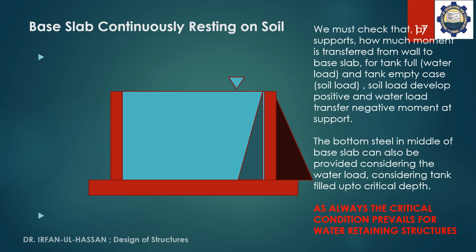The water load will provide some negative moment not only in the wall but also in the base slab, and the soil load also develops some moment on the outer side, but also a positive moment in the base slab. So soil basically makes some tension at the bottom at the support, and the water load is a UVL.